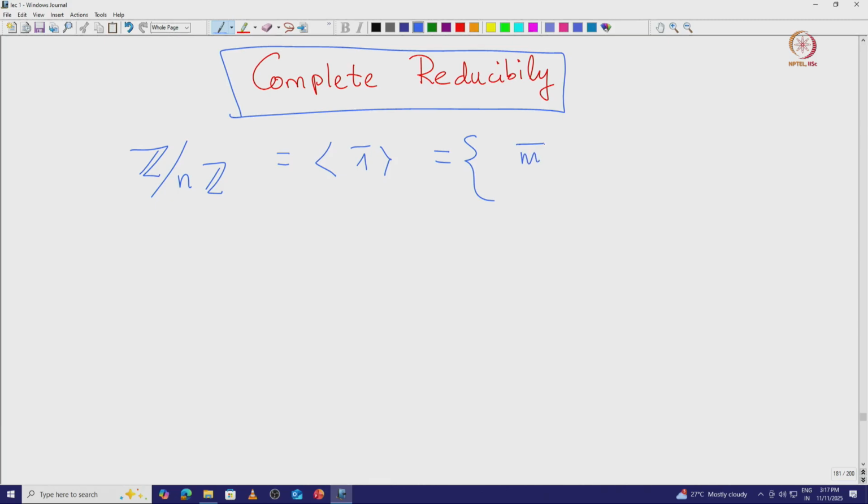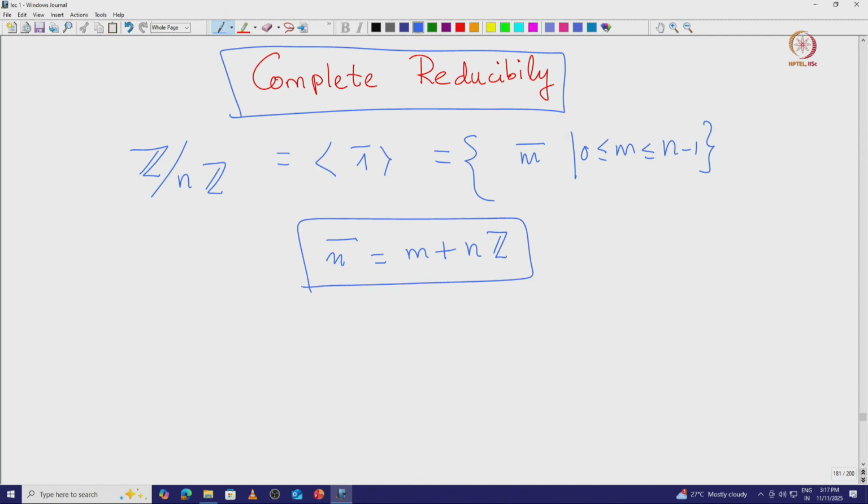Maybe I will use m bar, where m runs from 0 to n minus 1. So what is m bar? m bar is nothing but the coset corresponding to m. So this is our group.